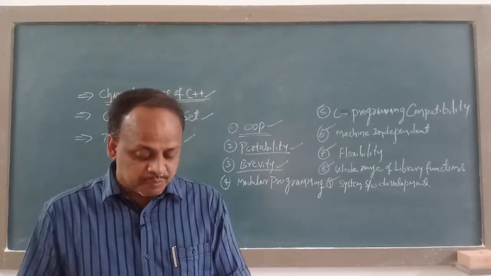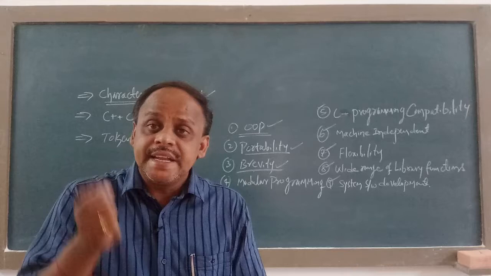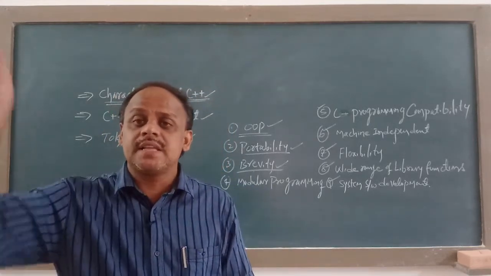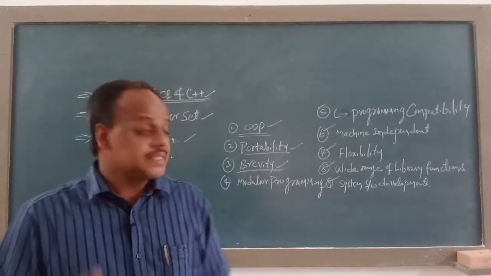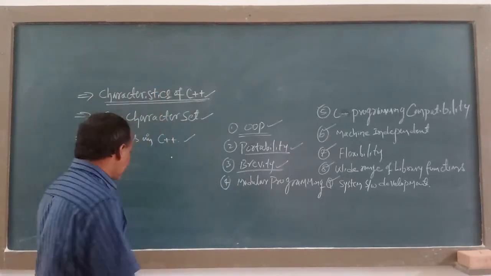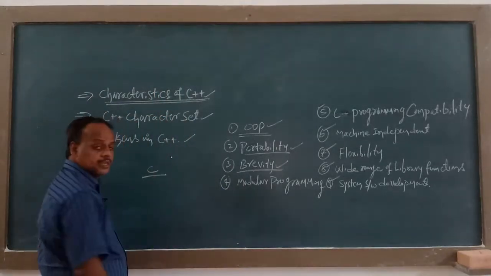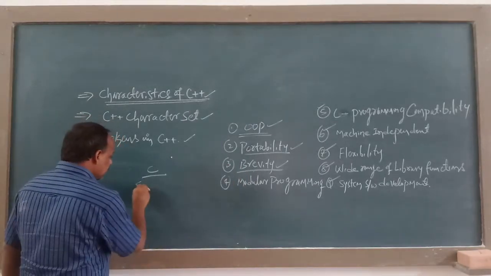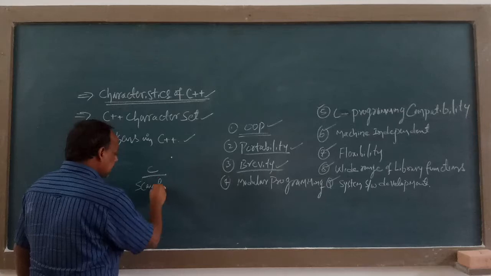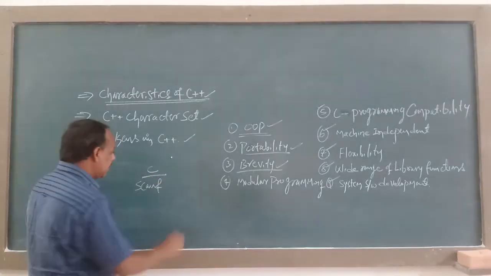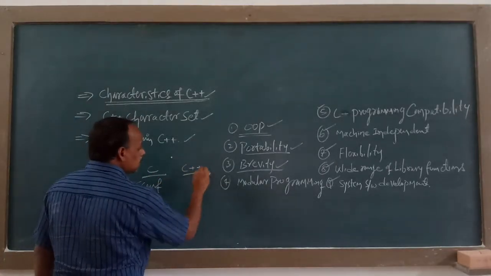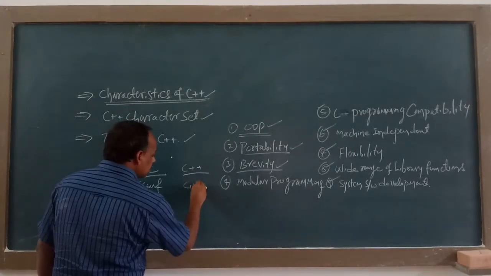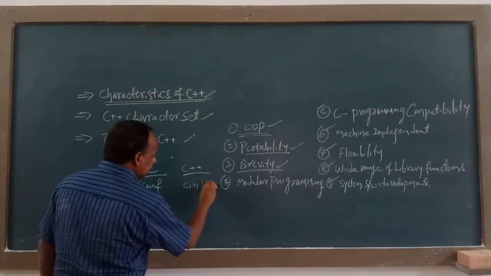What he says means brevity means code written in C++ is very short compared to other programming languages. For example, in the C programming language, suppose we have to accept input, we are going to write the word scanf. Whereas in C++, to accept input, we just write the shortcut cin.